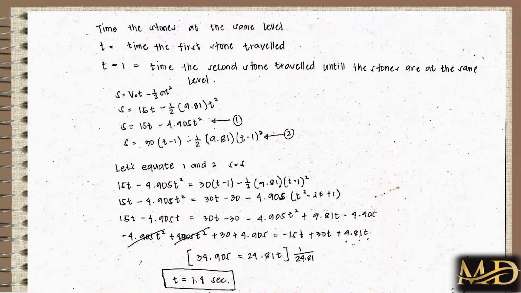So let's add the same sign. So the result will be 34.905 is equal to 24.81T. Let's multiply it by 1 over 24.81. So the result will be T equal to 1.4 seconds.